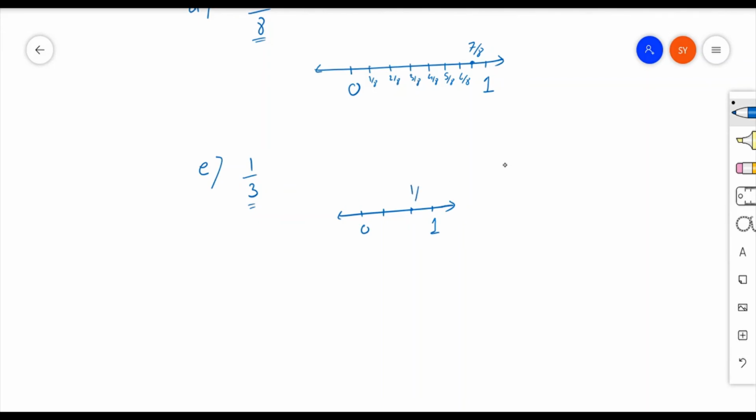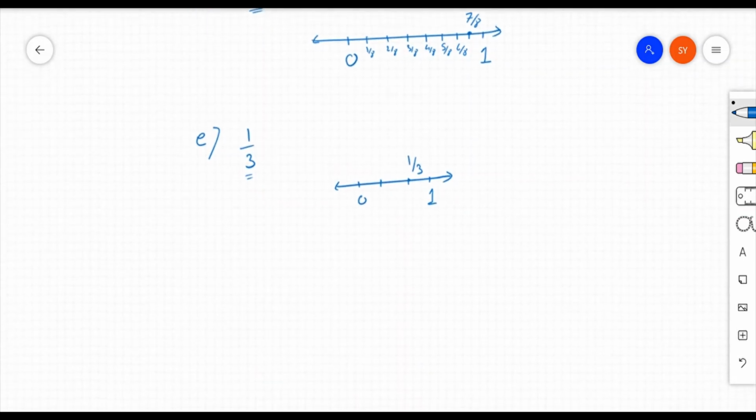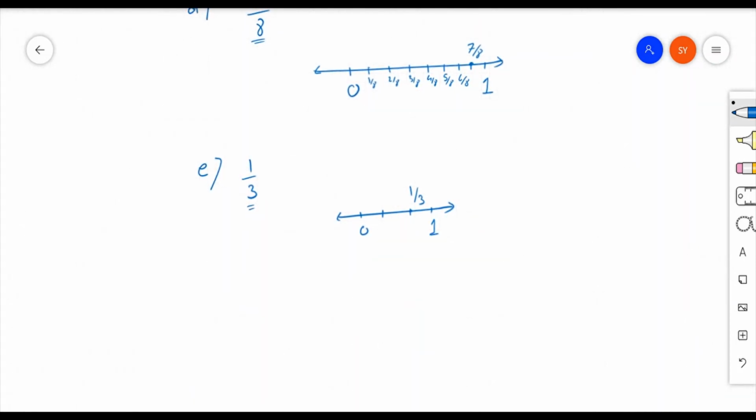This is 1 by 3, this will be 2 by 3, and this will be 3 by 3, which will be 1. So after you divide it into 3 parts, we have to count the numerator.